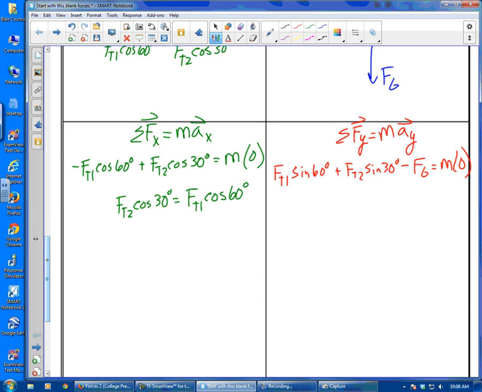So that's the most simplification I can do at this point: ft1 sine 60 degrees plus ft2 sine 30 degrees equals fg. And I remember from my equation sheet that fg is m little g.